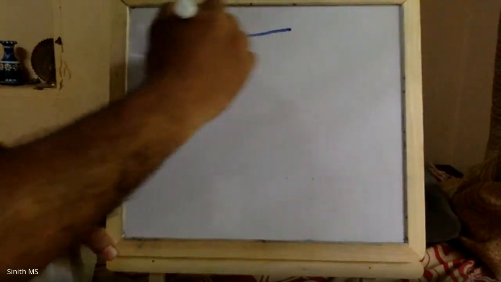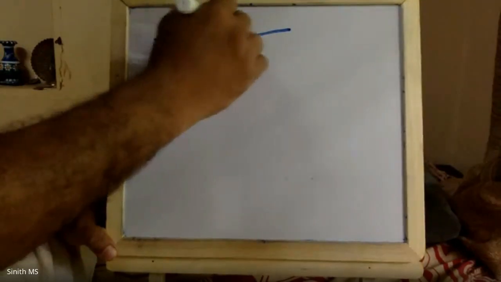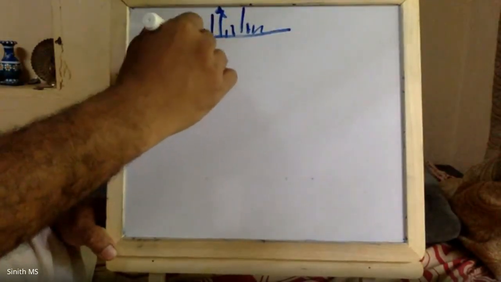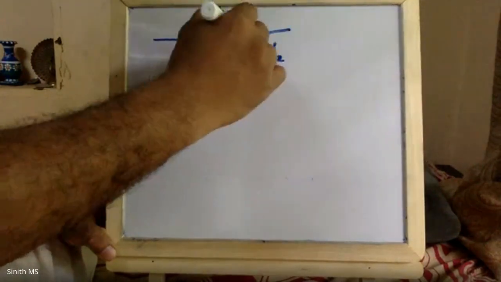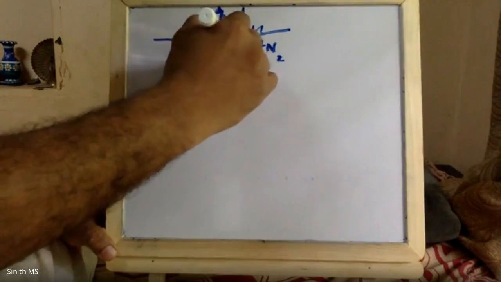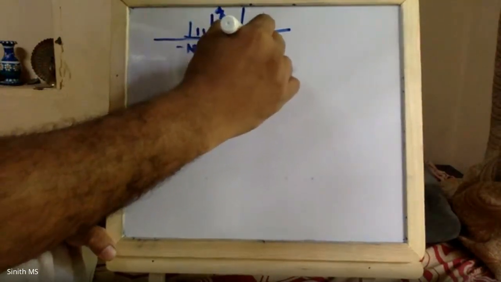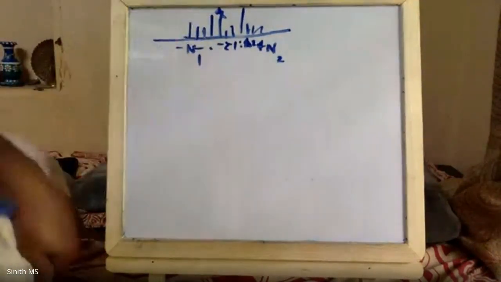Now coming to signals which are both sided, say some having values on the left side and some on the right side, from minus n1 to plus n2. So these are minus 1, minus 2, etc. up to minus n1, and 1, 2, 3, etc. up to n2. So this is a two-sided signal.